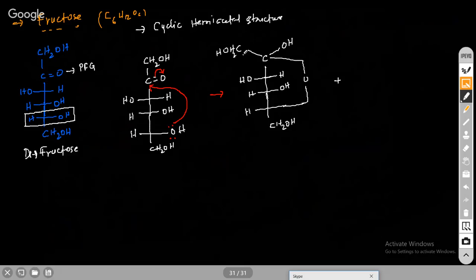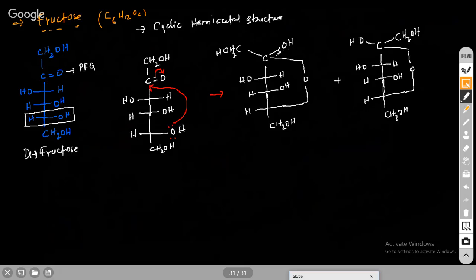Okay, plus another possibility is that this OH is on the left hand side, and that structure will be this: CH2OH, OH, H, OH, OH, H, CH2OH, and this is connected with oxygen here, H this side.